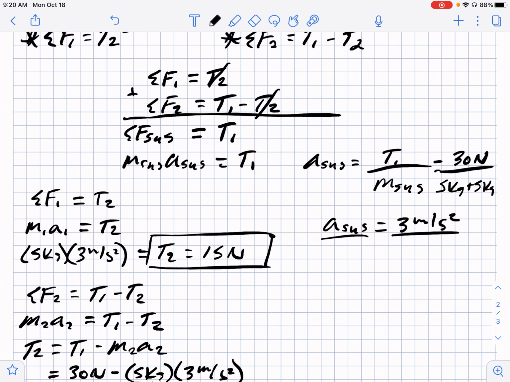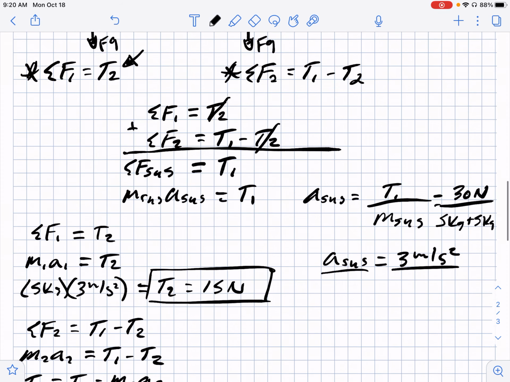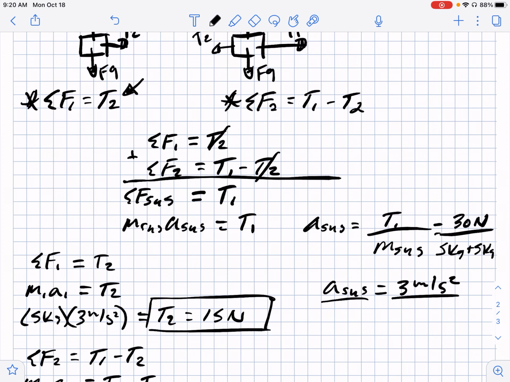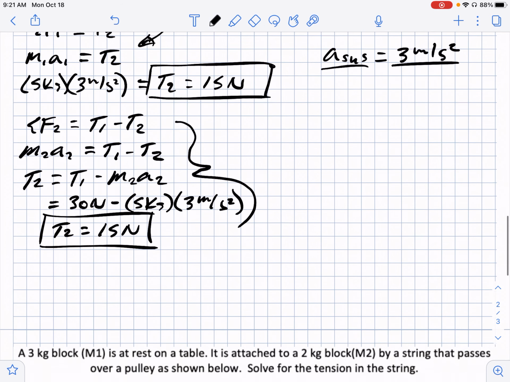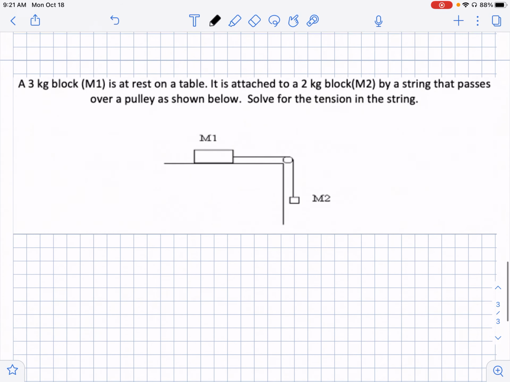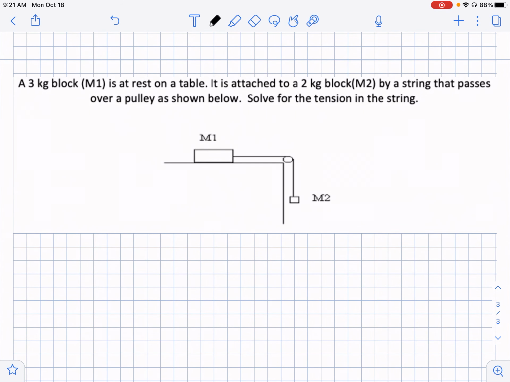And once you have the acceleration of your system, you go back to your original net force equations. You only need to pick one of these, go for the one that's a little easier to work with. So this one in this case, right? Because there's a lot less math and manipulation than this one over here. And then you can solve for that internal force, right? That force pair.